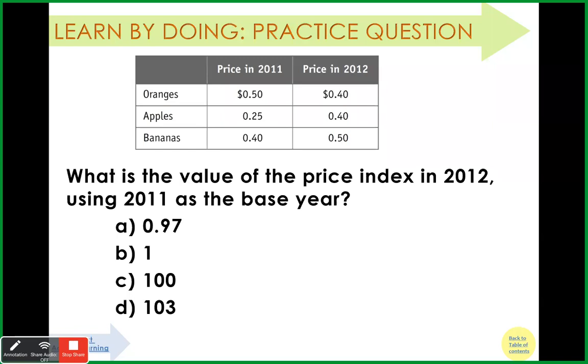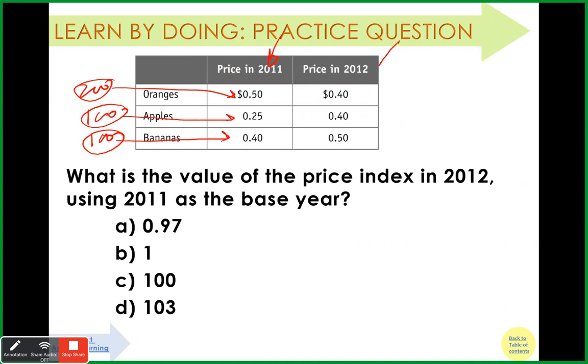Now the next one. What is the price index of 2012? That's simple, no? So we can do that. 200, 100, 100. What do you need to do? First, find the cost here: use 200 times this one, 100 times this one, 100 times this one.